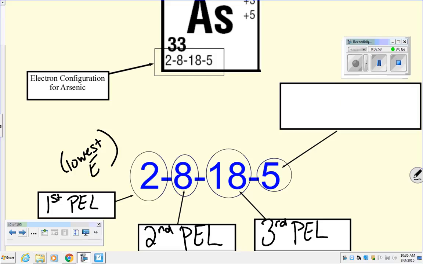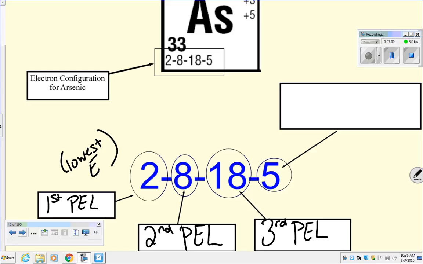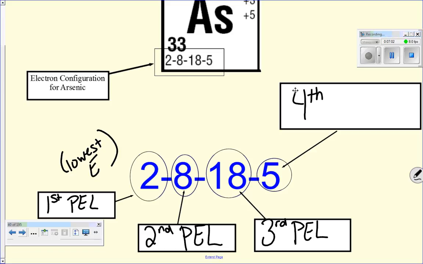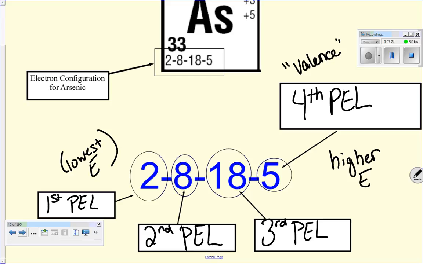And last but not least, we have this last number in the configuration. It happens to be our 4th principal energy level for arsenic. And our outermost electrons, remember these are our higher energy electrons over here. Our very outermost ring, whenever we're looking at a particular atom, is something we call our valence shell. So the valence shell doesn't have to be the 4th PEL.